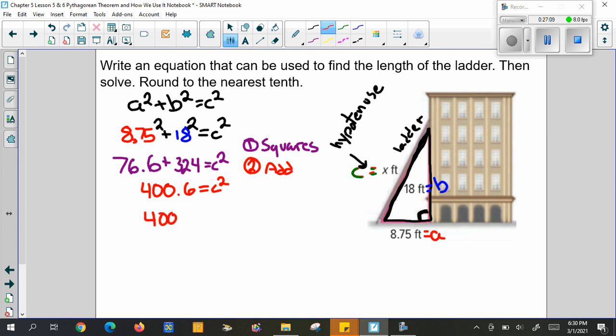In order to finish solving for c, I must evaluate the square root.